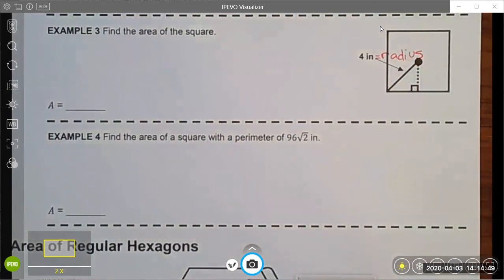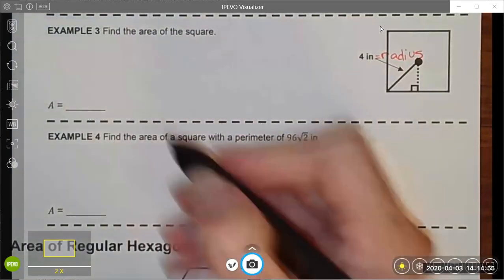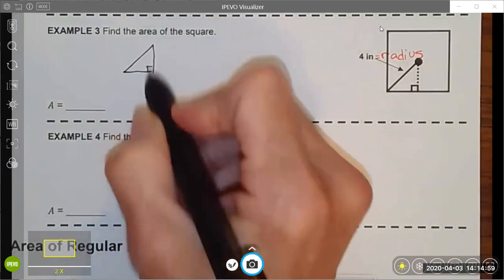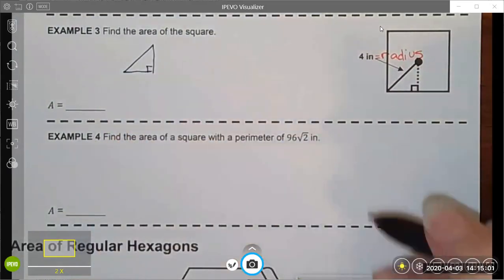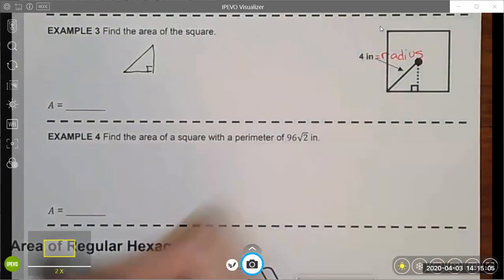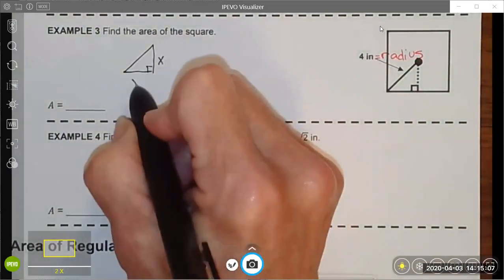The radius is not helpful to me in either of the formulas, so I need to go back to my 45-45 right triangle to see if I can calculate what the length of the apothem is. And I know that the length of the apothem is the same as the length from the midpoint to the vertex, so that will help me.